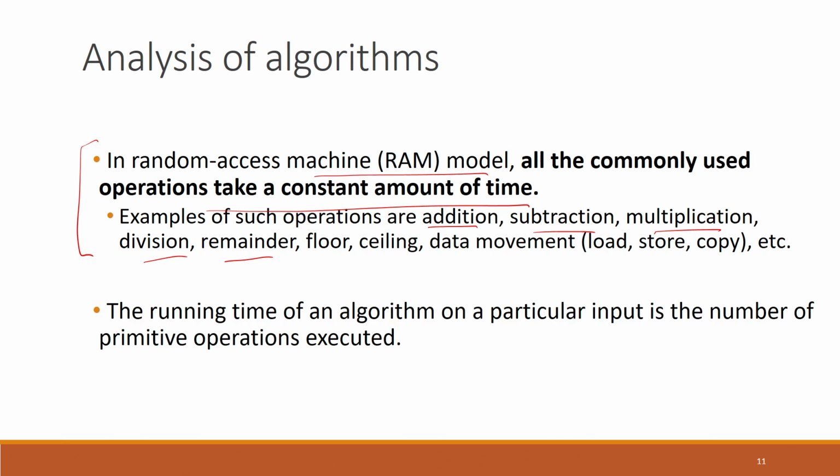Okay, now the running time of an algorithm on a particular input is the number of primitive operations executed. Input means the example problem that you want to solve using this algorithm. Primitive means operations like addition, subtraction, multiplication and so on that have been mentioned above.